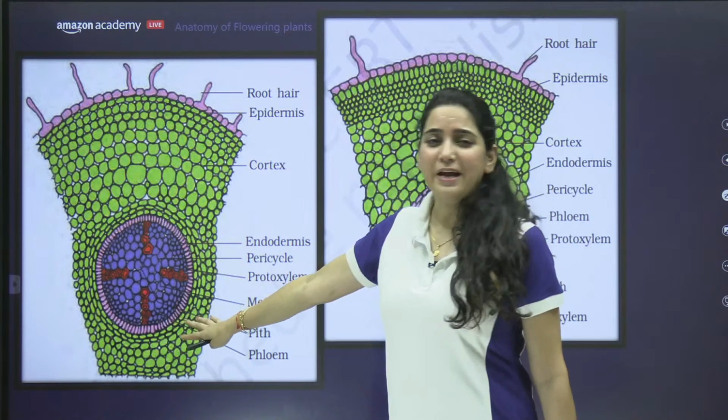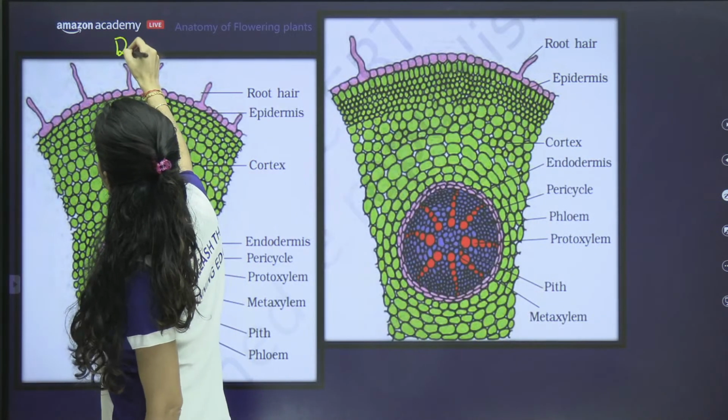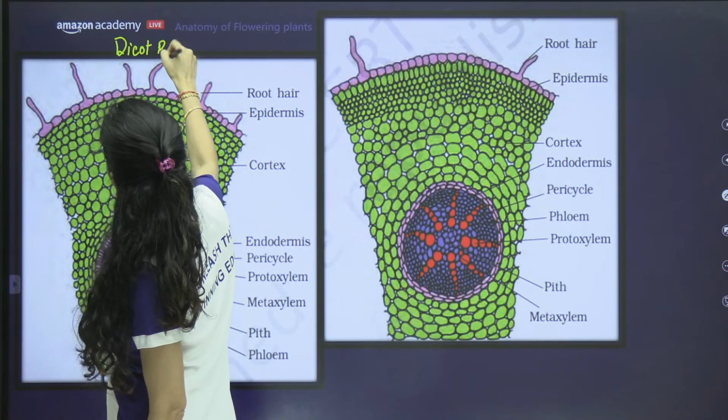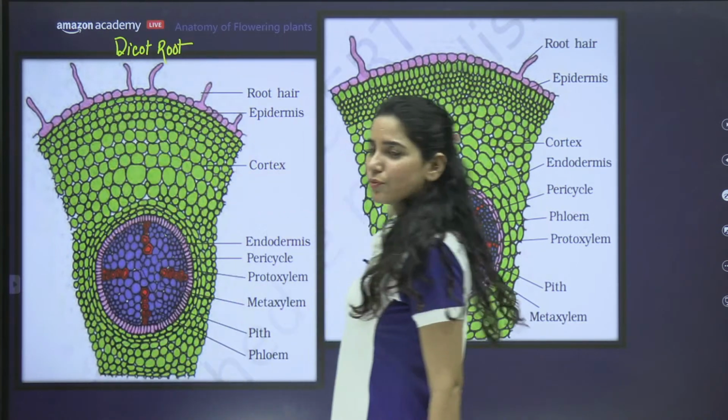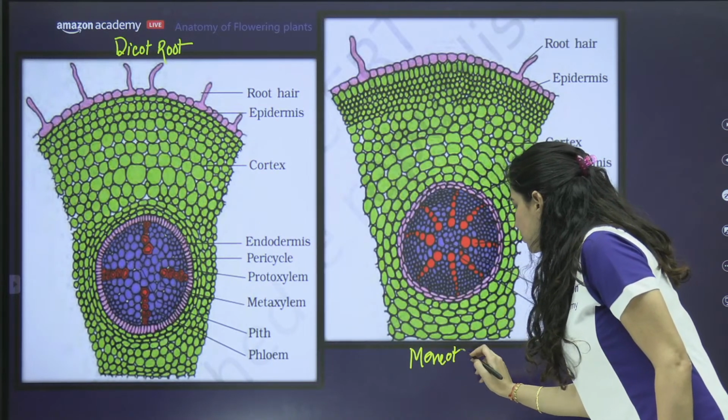So on one hand side you see the dicot root. ये आपके सामने जो फोटो है, ये dicot root का फोटो है. And this, my very sweet kids, this is the picture of monocot root.